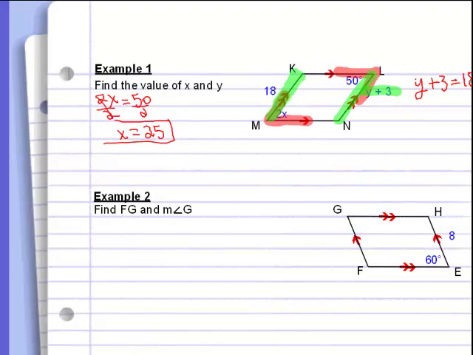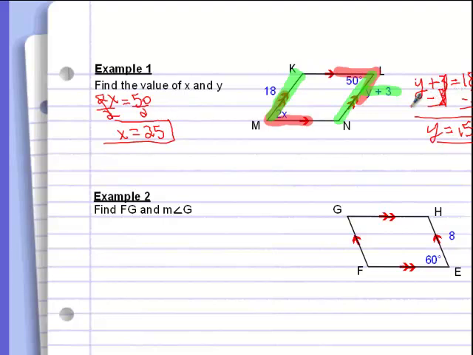And I have a simple algebra problem to solve. I'll subtract 3, and I get y equals 15. Beautiful. Again, like I told you in the previous section, the math behind these problems is very, very easy. There is not a lot of complexity to these algebra problems. We just divided by 2 and subtracted 3 to solve 2 problems.